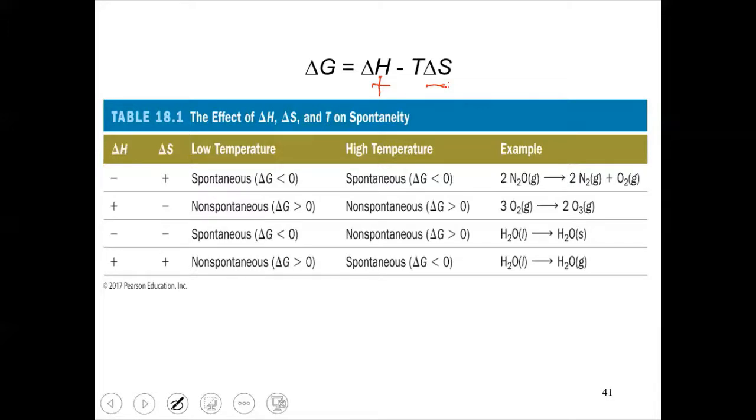You're going to add T delta S to an already positive delta H. In other words, there is no value of temperature for which that equation is going to give me a negative delta G. And so as the second line on the chart says, under these conditions, the reaction will be non-spontaneous at any temperature. And you can see some examples there on the right.